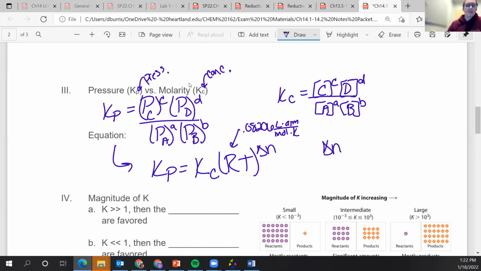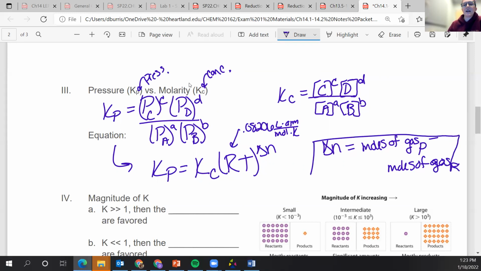And then I got to tell you what delta n is. Delta means change in, right, moles. And this is actually the moles of gas, not a gas, moles of gas in the products minus the moles of gas in the reactants.